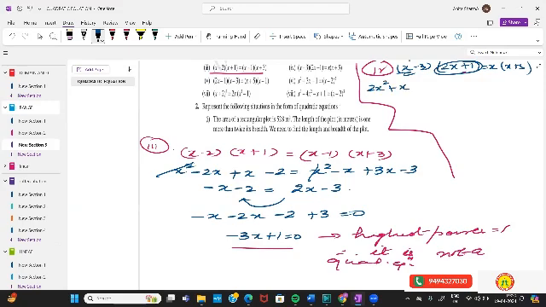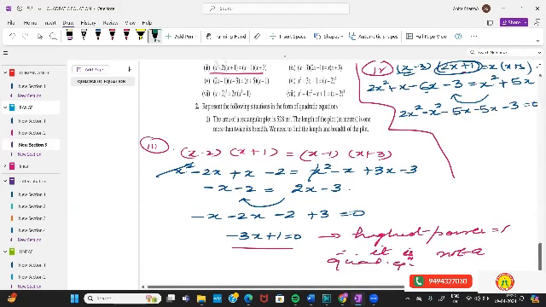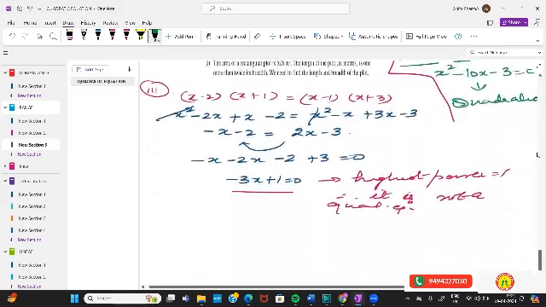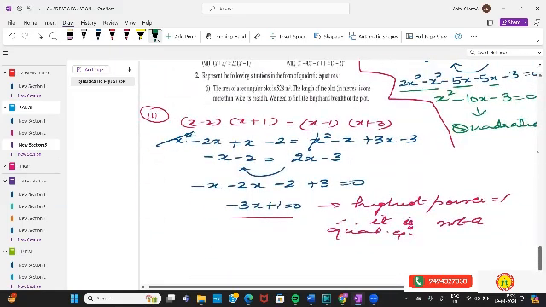Then multiply with 3: minus 6x minus 3 is equal to x square plus 5x. Now shift this. So 2x square minus x square, minus 6x minus 5x, minus 3 is equal to 0. So 2x square minus x square will be x square, minus 10x minus 3. So it is a quadratic equation.